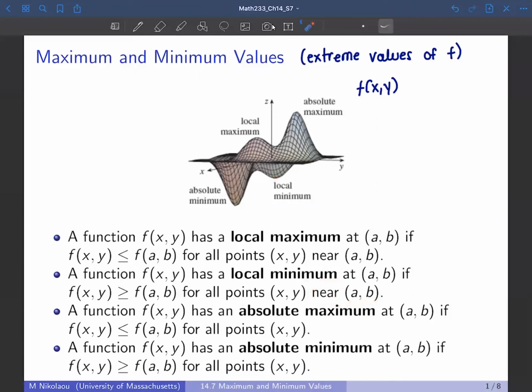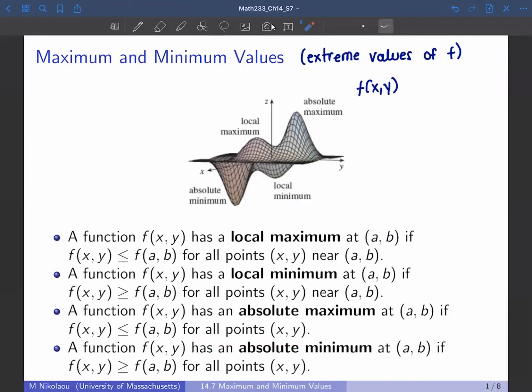Now, the function f of x comma y has an absolute maximum at the point a, b if the value of the function f at the point x comma y is less or equal to the value of the function at that point a, b, for all points x comma y.